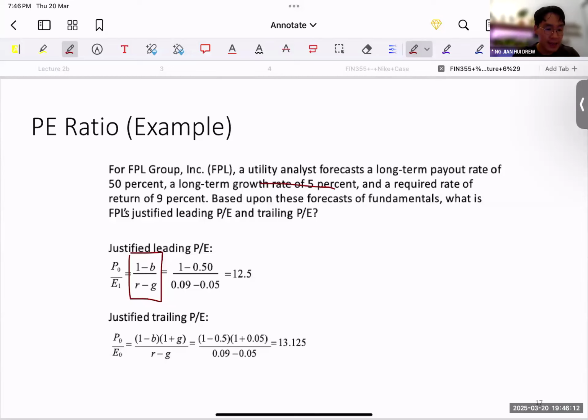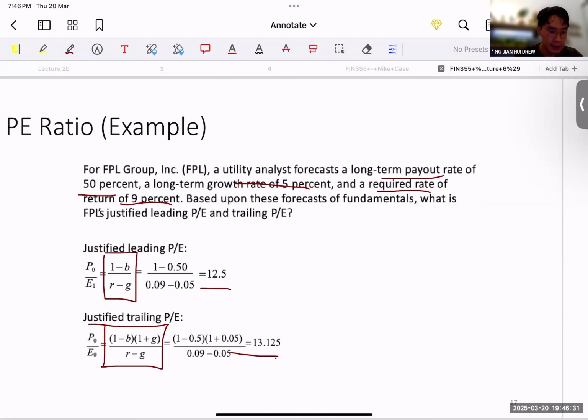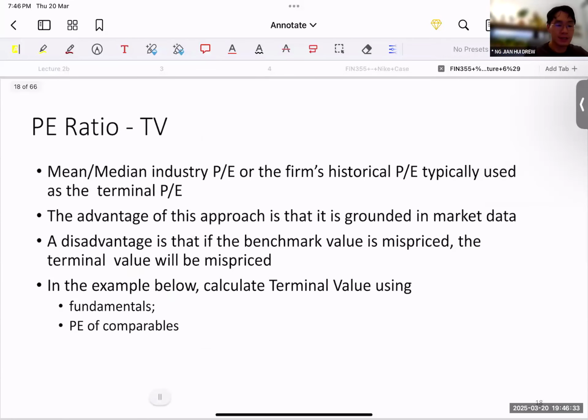These are your growth rate, this is your payout, and your required return is 9%. For your trailing PE, we use the other formula where I have 1 minus B. Okay, and then we get this. So this is a simple example.